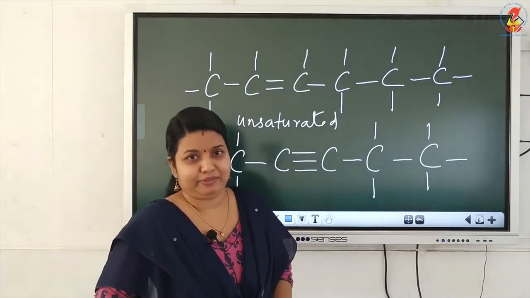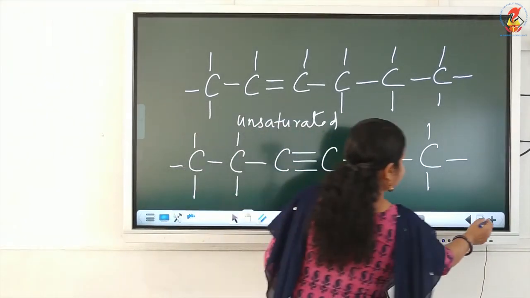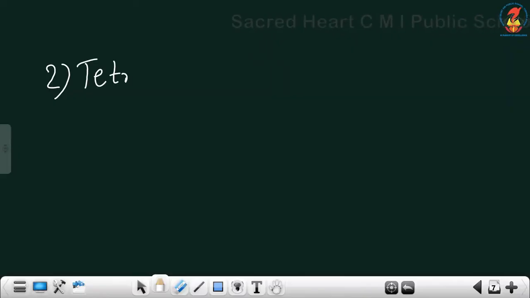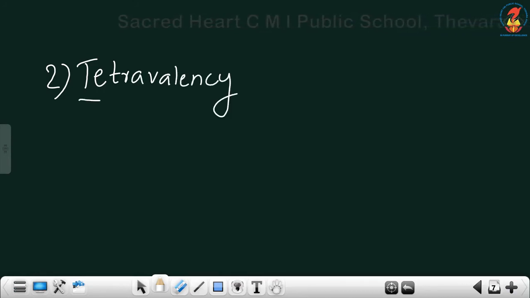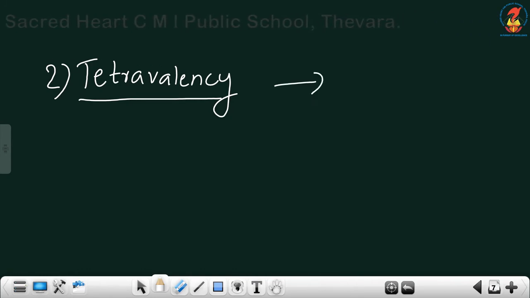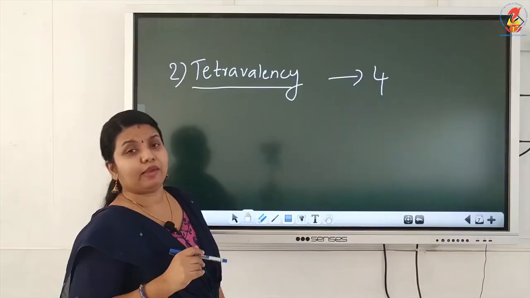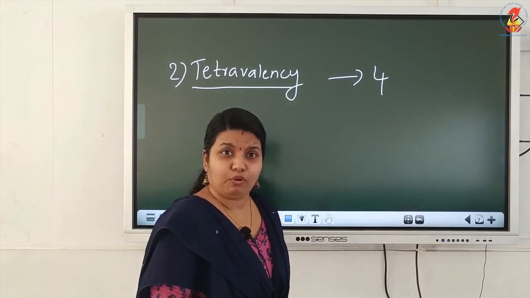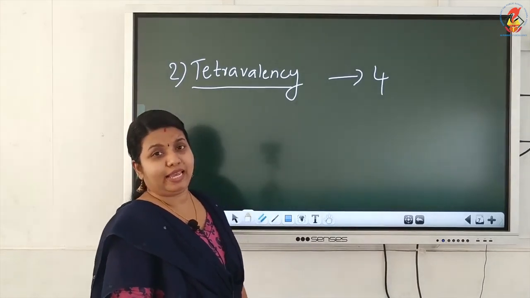Okay. Now, the second reason, tetravalency. What is the meaning of the term tetra? Tetra means 4. Carbon has a valency of 4. It is capable of bonding with 4 other atoms of carbon or atoms of non-metals like hydrogen.